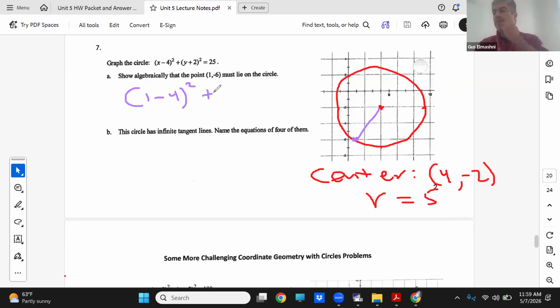Yeah, you have to be mindful how it's spaced out. But how would I verify that 1, negative 6 works? Just plug it in and see if it makes sense. You have to plug into the equation they gave us. So that's 9 plus 16. Of course, that makes sense.